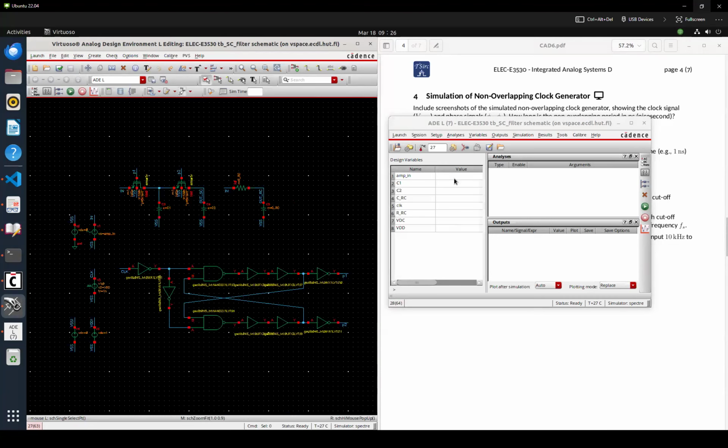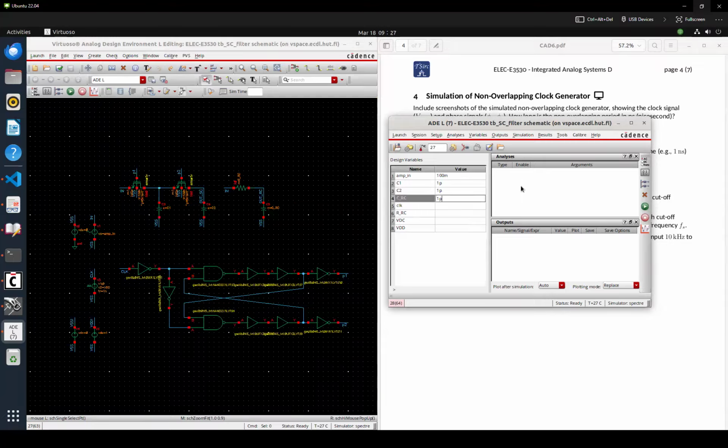At this moment we have set 1 picofarad and 1 picofarad, and the clock, as mentioned, 1 megahertz, 1 mega ohm for the R, and VDC was 0.5 volt, right?